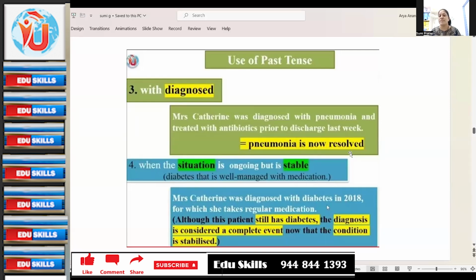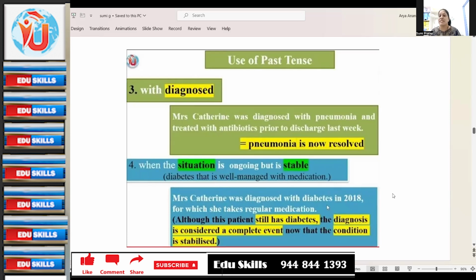The fourth one is when the situation is ongoing but is stable. For example, diabetes: the patient started in 2018, but still is managing with the medication. That we can explain: Mrs. Catherine was diagnosed with diabetes in 2018, for which she takes regular medication.